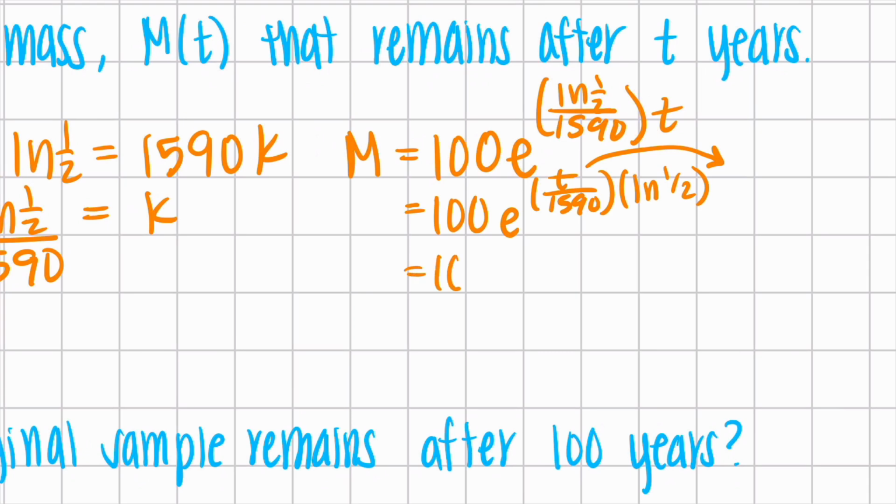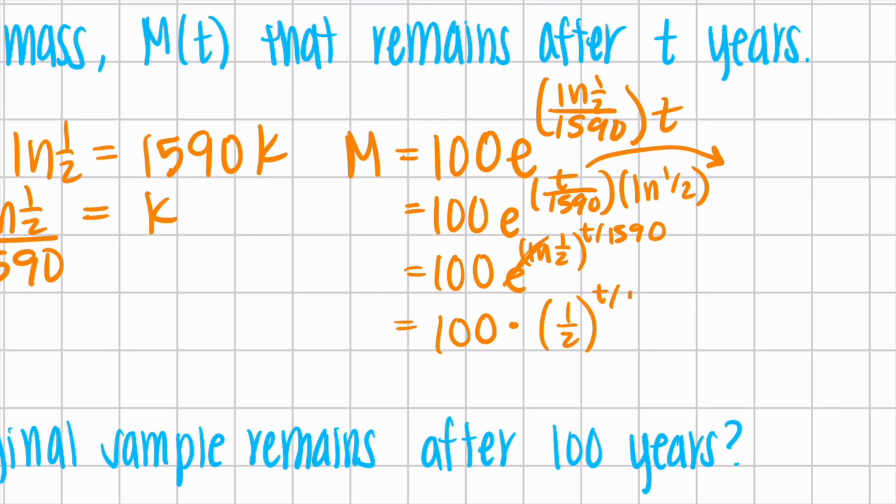I'm going to say this is 100e to the natural log of 1/2 raised to the t over 1590. Notice your e and your natural log undo each other. We get 100 times 1/2 raised to the t over 1590. And that is your m(t).